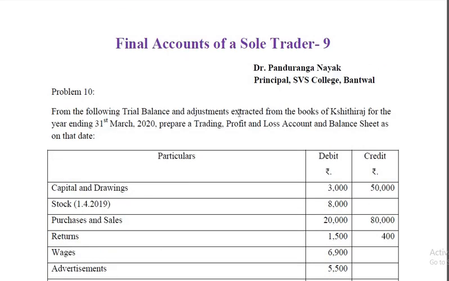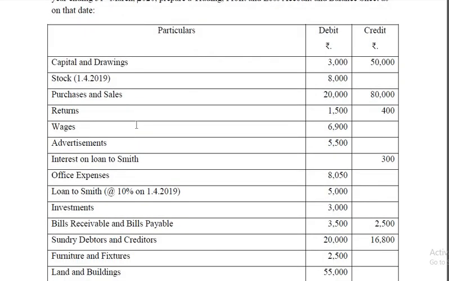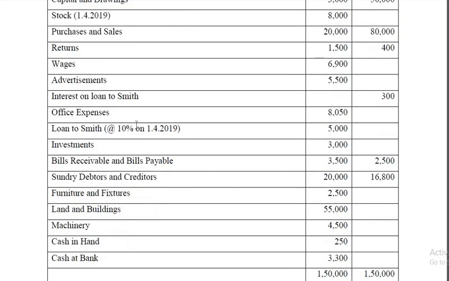So here the balance sheet is on 31st March 2020. You have to prepare the balance sheet on 31st March 2020. Therefore, the loan is advanced at the beginning of the year. On 5,000, at the rate of 10%, it comes to 500 rupees. So 300 is already received as interest on loan to Smith.